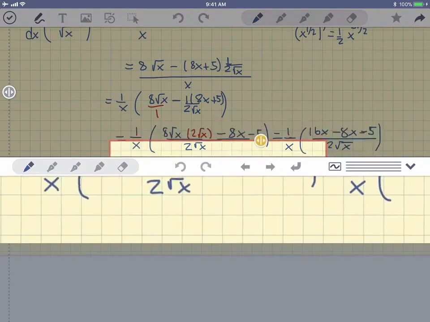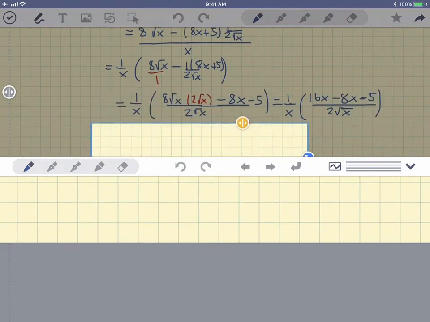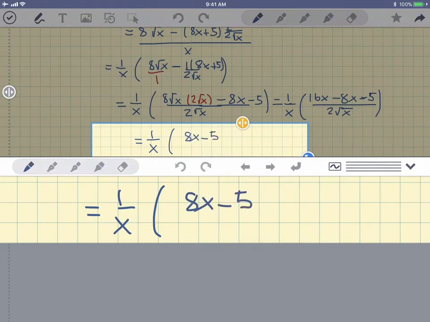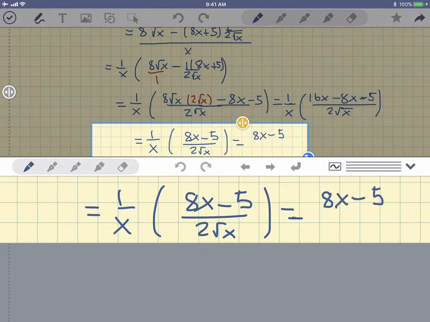And now I'm done, because now all I have to do is simplify the inside of this, and the 1 over x is outside. 16x minus 8x, you have positive 8x minus 5 over 2 root of x, and that's the answer the book has, or the answer that you would see in the back of the book, or the answer key. It would have 8x minus 5 over 2x to the 3/2, or maybe it has x times root of x.